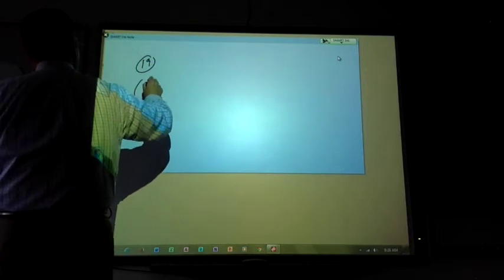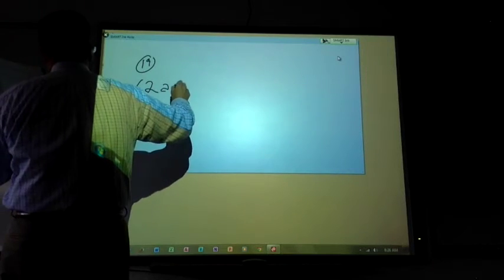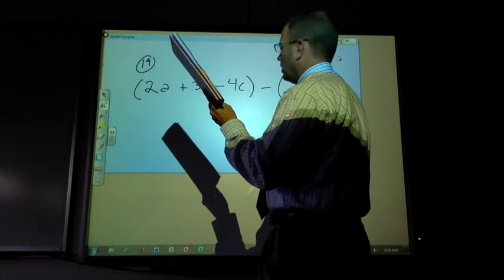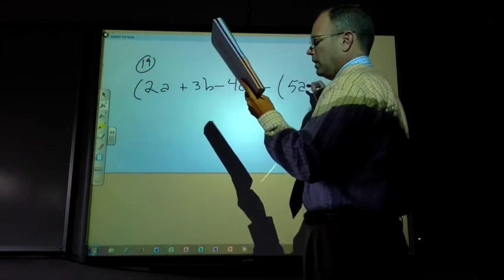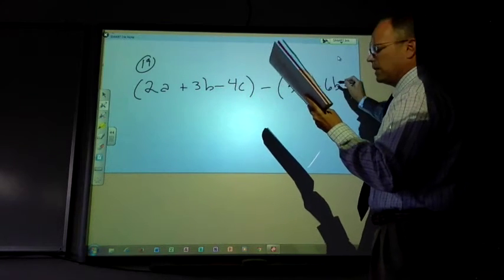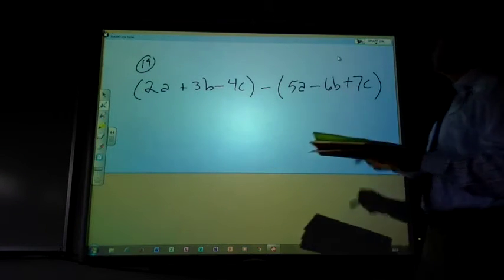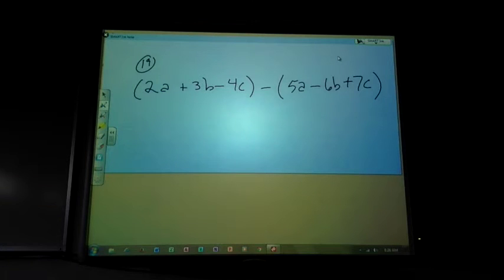We have 2a plus 3b minus 4c minus 5a minus 6b plus 7c. Okay? Are we solving it? No. No. There's not an equal sign. We're not trying to figure out what a letter is equal to.